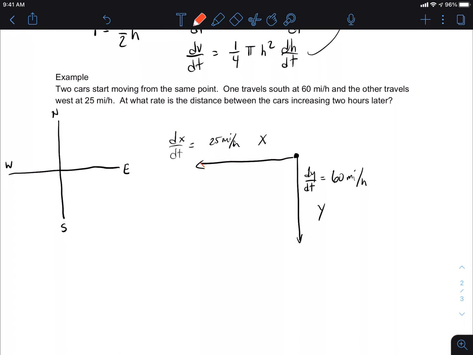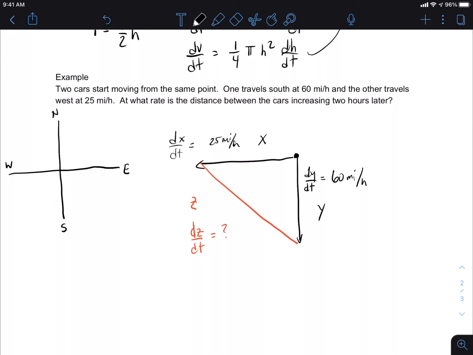So what we're looking for is we'll call this z. We're looking for our dz/dt for this problem. Does that make sense how I set up my picture for this problem? Yeah. Okay. So cool.